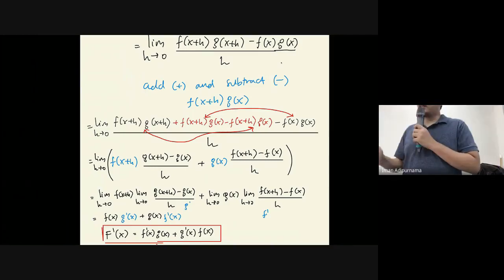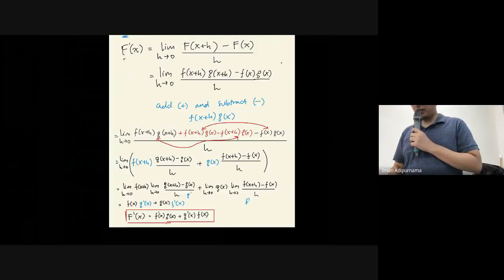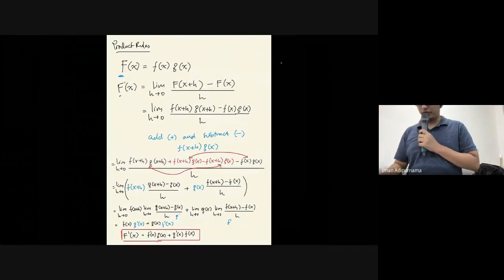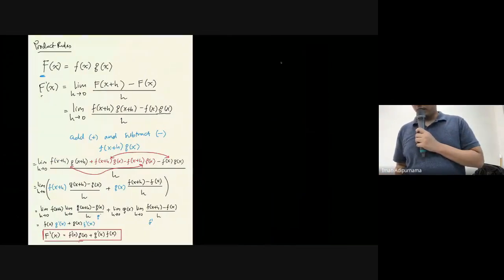Okay, we'll go to the next page for the quotient rule. It is similar, just using the big F to define f over g and use the limit definition.